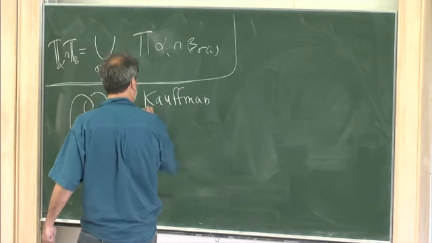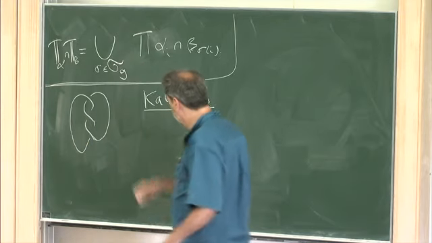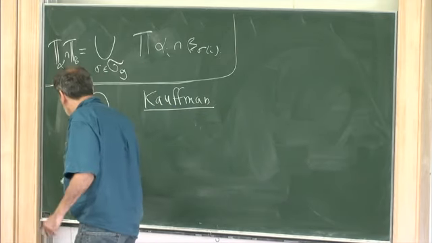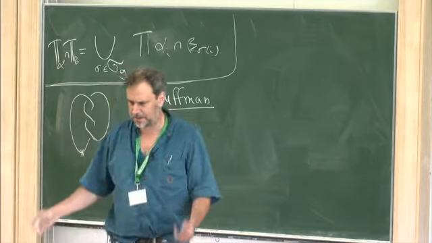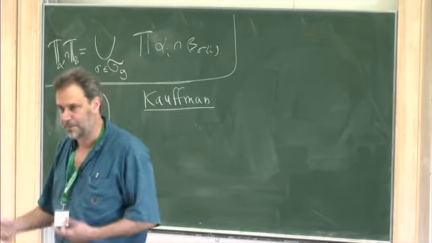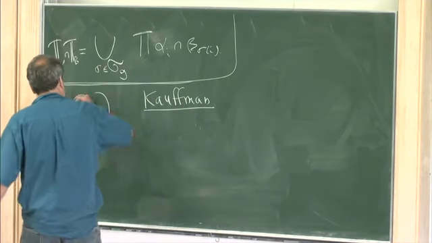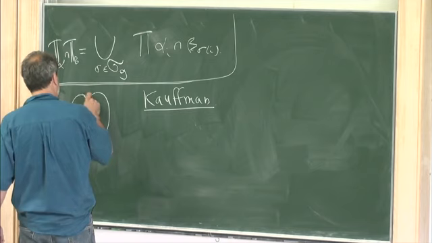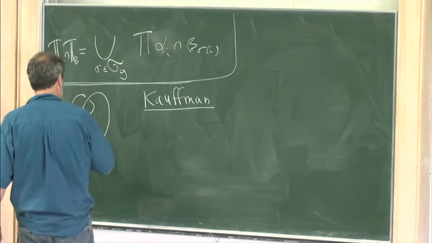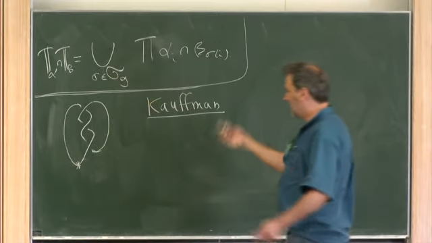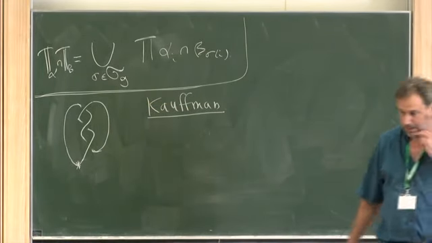You can read about this in Kauffman's book on knots and formal knot theory. So the idea is, one would like to compute the Alexander polynomial of a knot, here, that's left-handed, let me do right-handed. So we would like to write down the Alexander polynomial of a knot from looking at a projection.